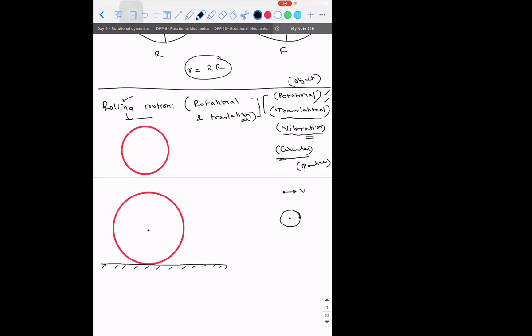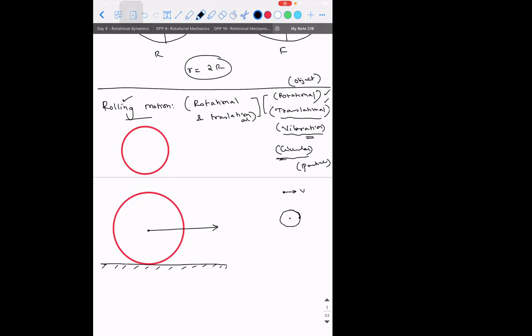What velocity should the center of mass have? What velocity would the center of mass have, guys? Both linear and angular velocity?